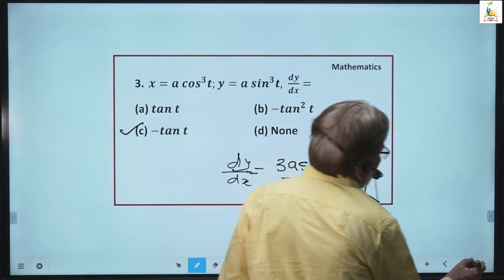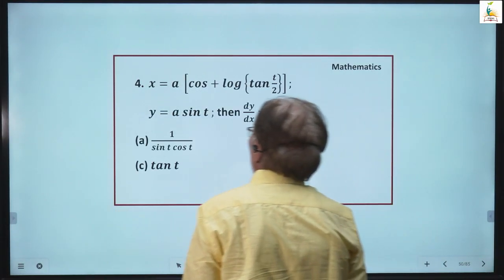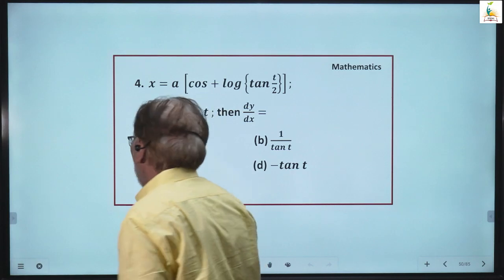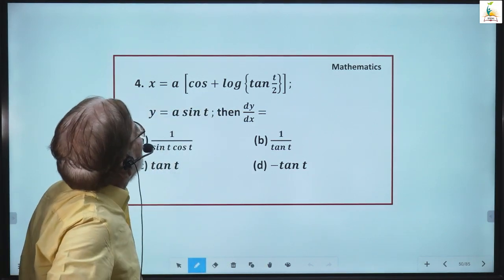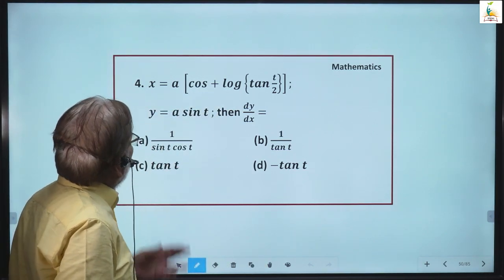Next is x equal to a (cos t plus log tan t by 2), y equal to a sin t.